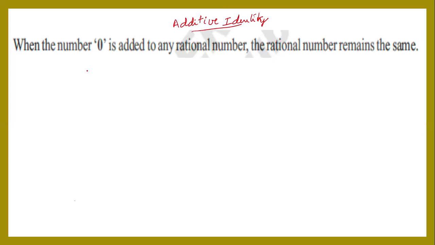Let us look at it with an example. You take any rational number 1 by 2, you add 0, then you observe what we get. 1 by 2 plus 0 is 1 by 2. If you add 1 by 2 to 0, again you get 1 by 2.